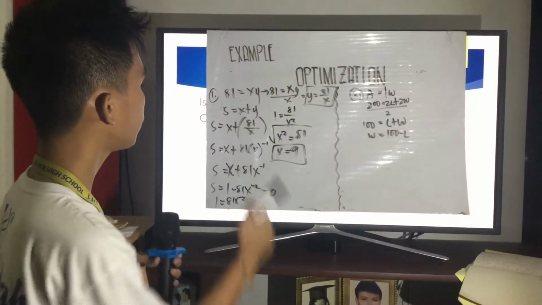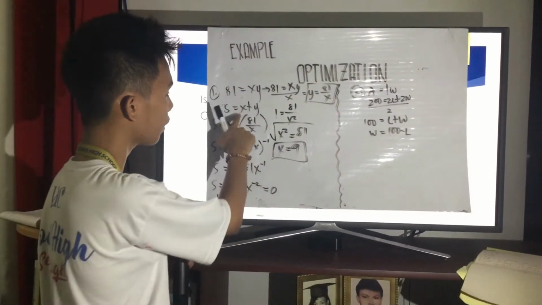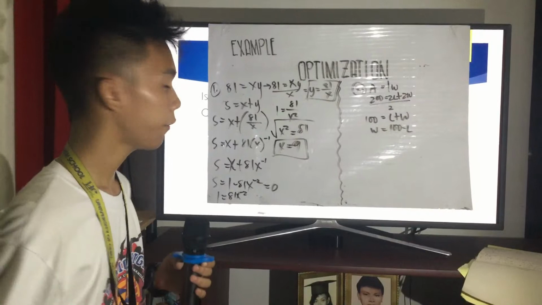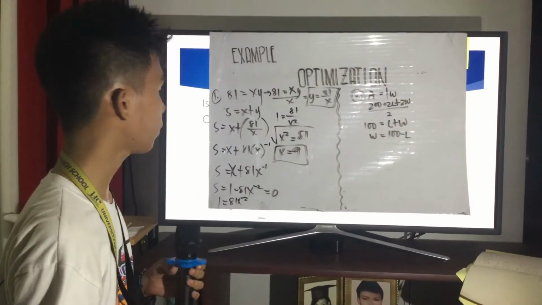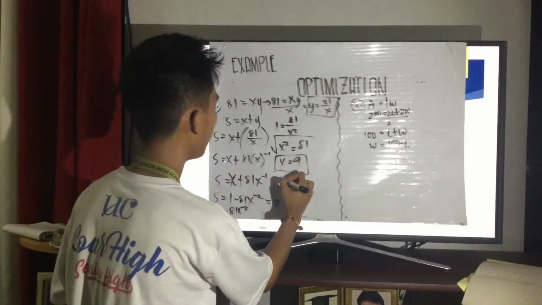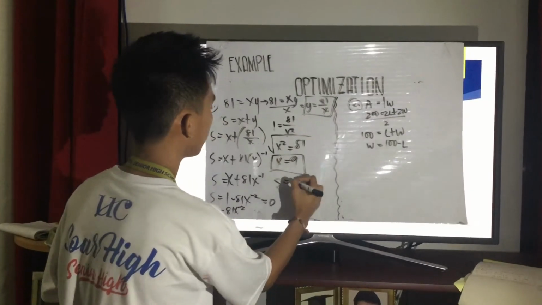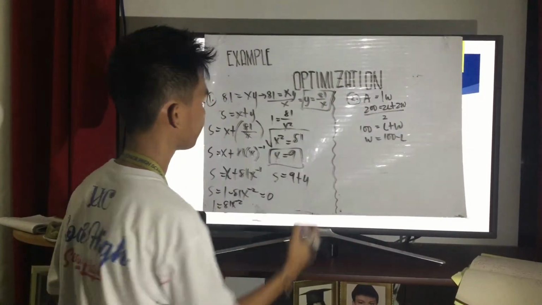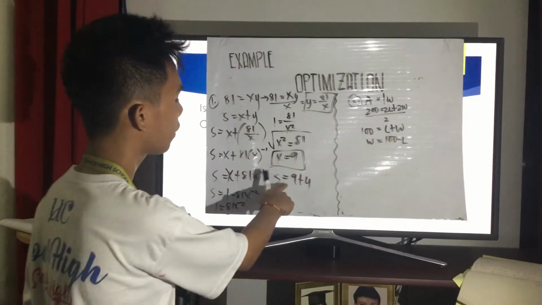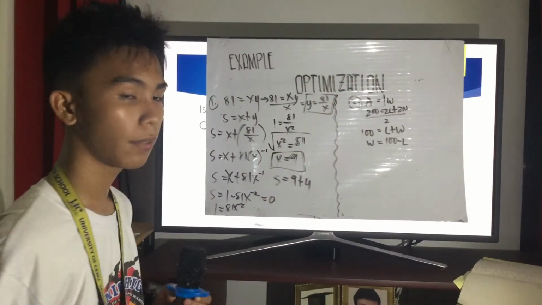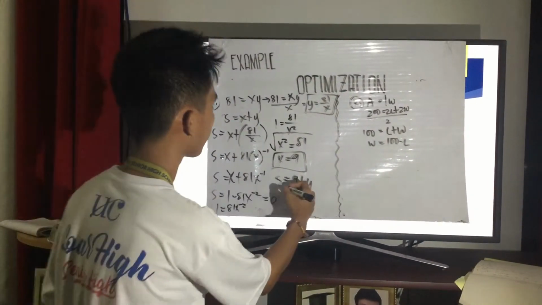To get the value of y, we will substitute x into our function, our objective function. So S is equal to 9 plus y. From here, we can get the value of y.